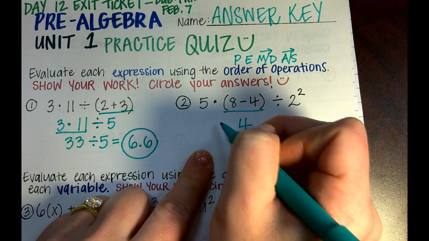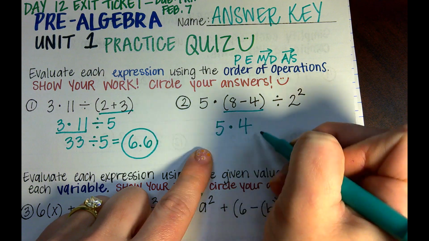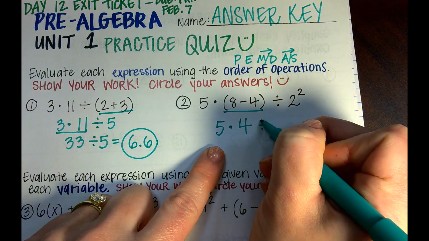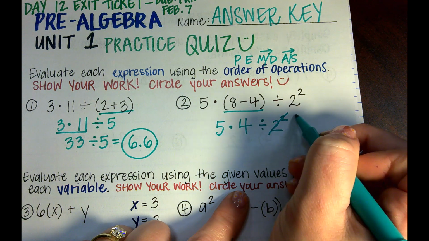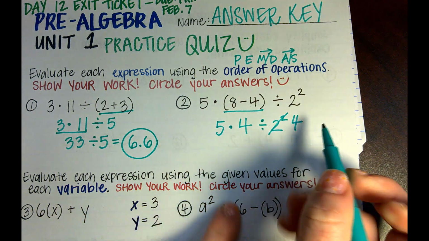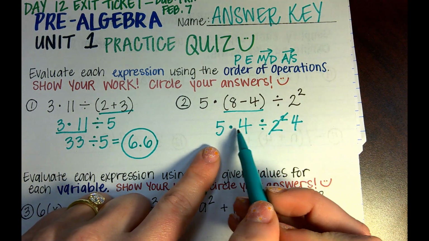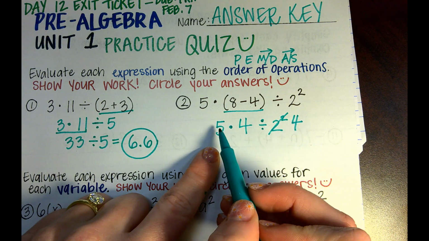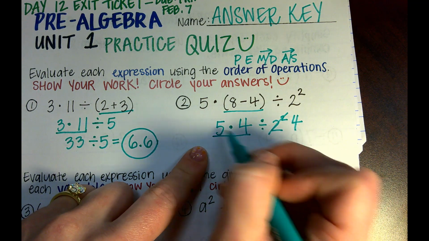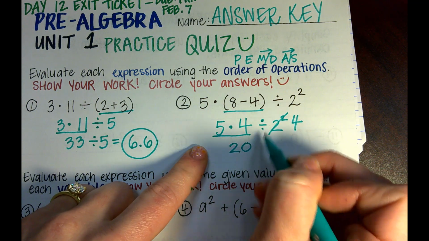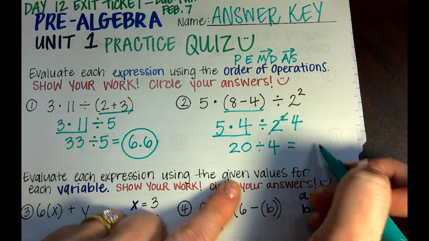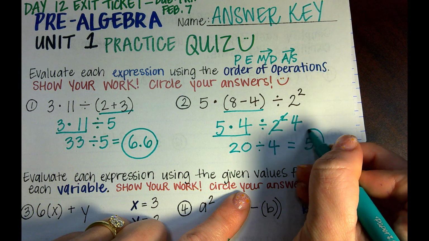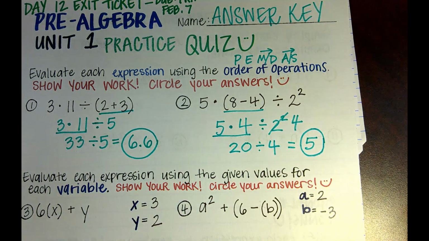Then we'll bring everything else down. 5 times 4 divided by 2 squared, which is also 4. Okay, so now I have 5 times 4 divided by 4. 5 times 4 is 20. 20 divided by 4 is 5. Very good.